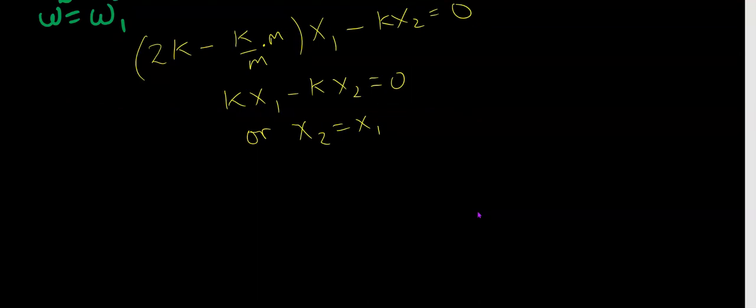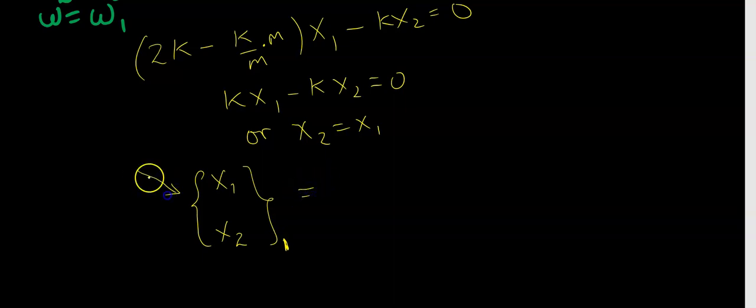Now, it's very clear that I can represent this ratio as X1 over X2 for omega 1, and I'm just going to put that 1 there for the first natural frequency, or this is known as your first mode shape.